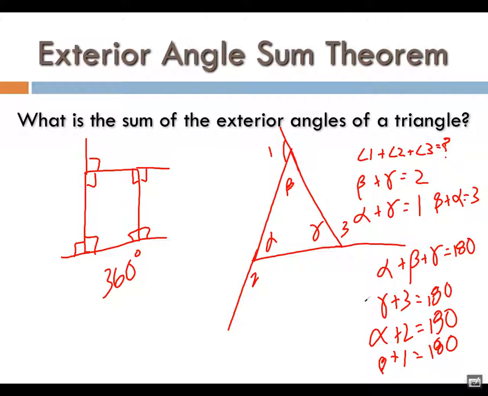Now we've just rattled off about 37 different formulas. How does that tell me what 1 plus 2 plus 3 equals? Any ideas? Yes, Tom? 360. What? Are you just randomly shouting out numbers?